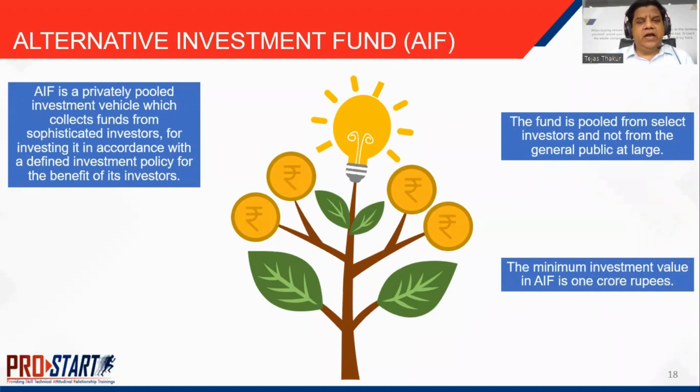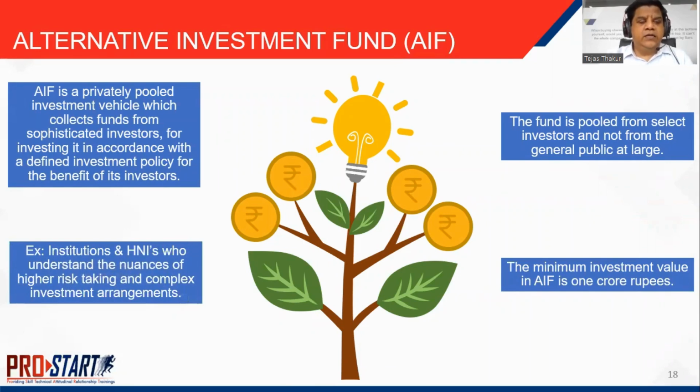Minimum investment in an AIF is 1 crore rupees. And institutions and HNIs who understand the nuances of high risk taking and complex investment strategies are the ideal customers here. So once again, AIF is privately pooled, collects money from sophisticated investors, and invests according to the objective of the fund.